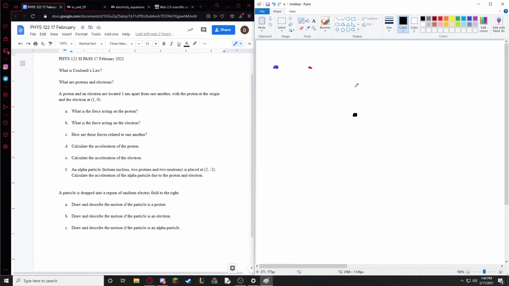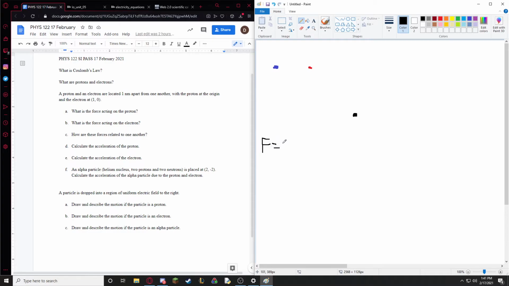So let's ignore our electron and only look at our proton here. We want to figure out what is the force acting on our alpha particle due to our proton. What law are we going to use to calculate this force? So Coulomb's. Yep, Coulomb's law.